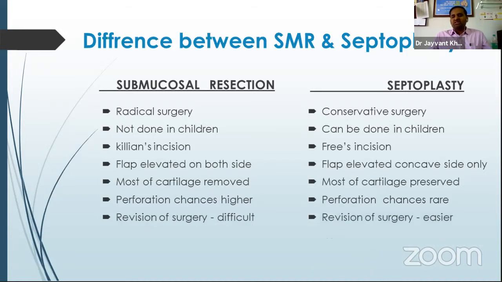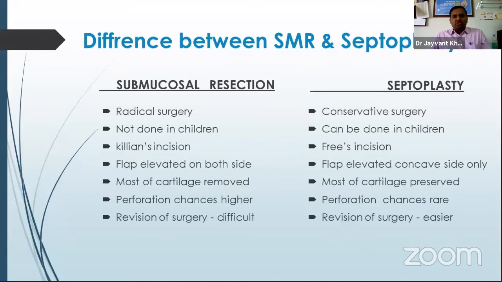In septoplasty, revision of surgery is easier because only some part, the deviated part, is removed. Okay. You can see the total slide. This is the difference between submucosal resection and septoplasty.